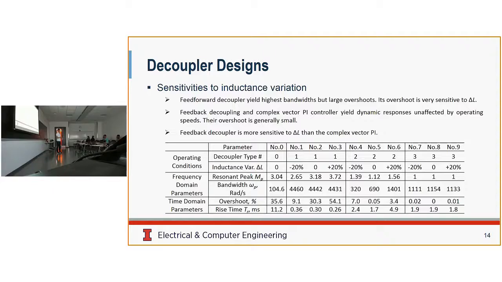But I do believe that if those compensations are not implemented, it will have an influence on the system performance, but perhaps not on the decouplers, because the decouplers are caused mainly by the reactive voltage feedback.